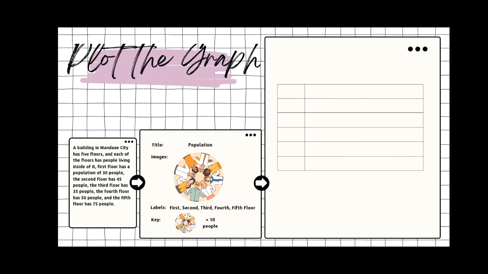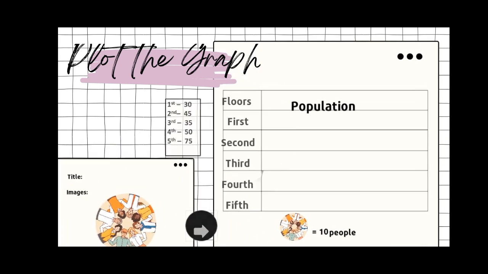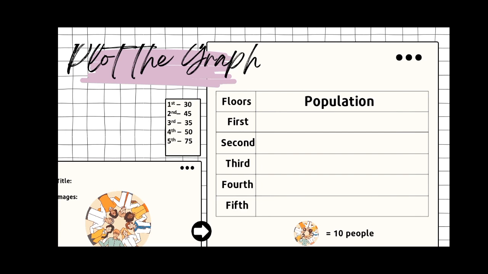So now that we have already assigned the title, image, label, and key, we are now good to go to plot the graph. On the first floor, since we have 30 people, that means we will be plotting 3 images or 3 symbols on the graph. On the second floor, since there are 45 people, that means there will be 4 images and a half.